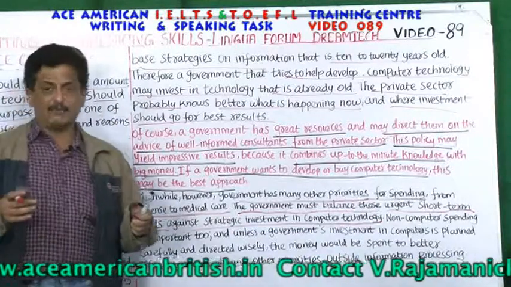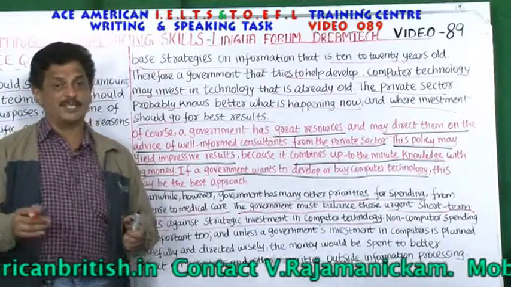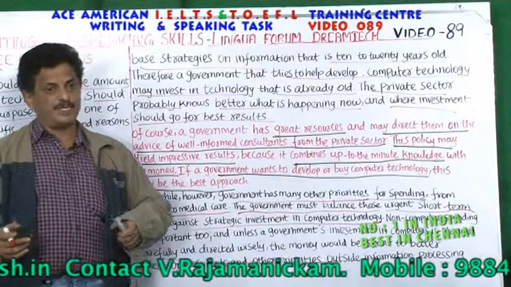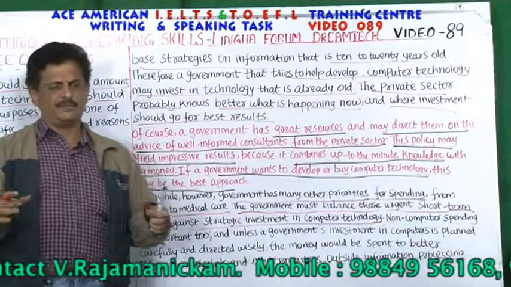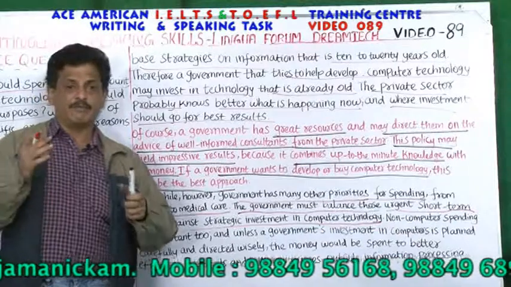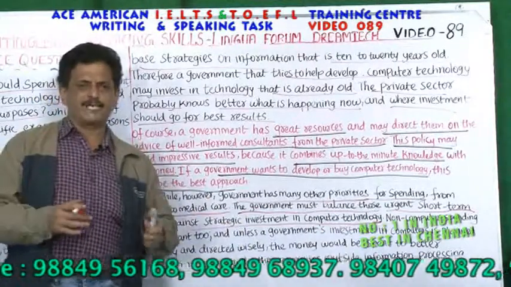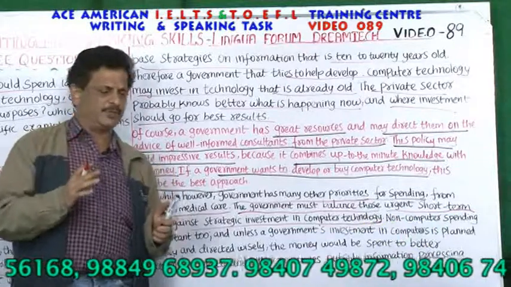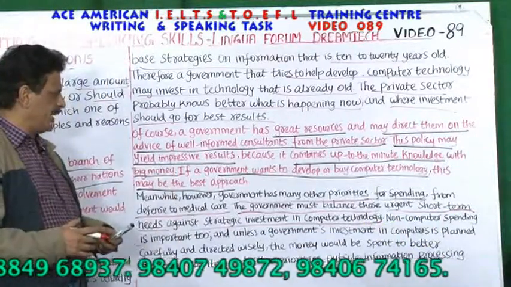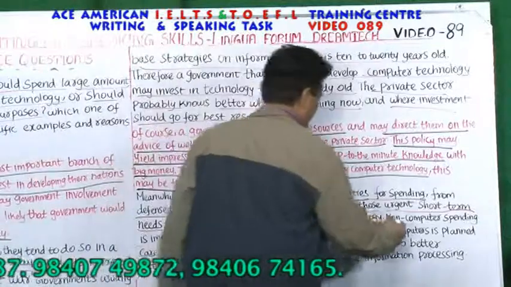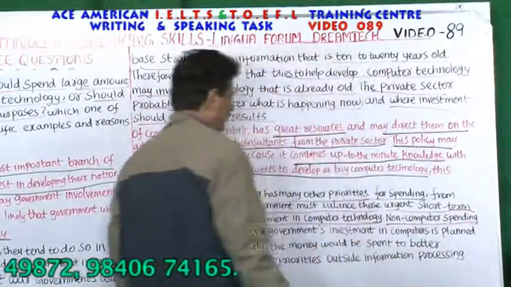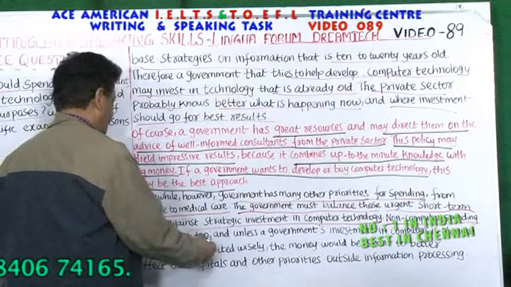Then they have strategic investment in computer technology, in space and research, where all the latest inventions are possible only with computers. So the government should have a mix, think evenly about it, and invest the money. Non-computer spending is also very important.